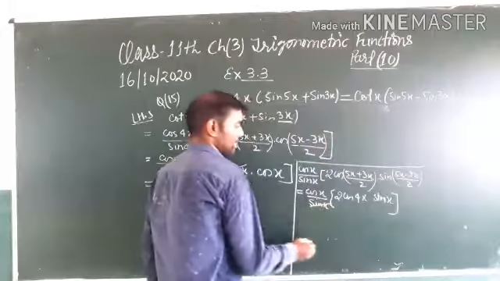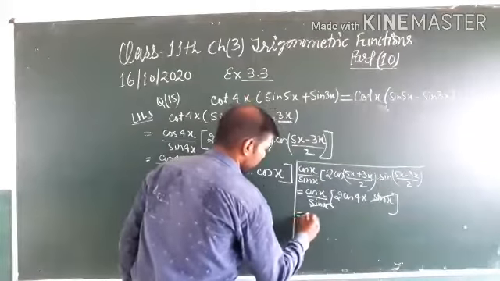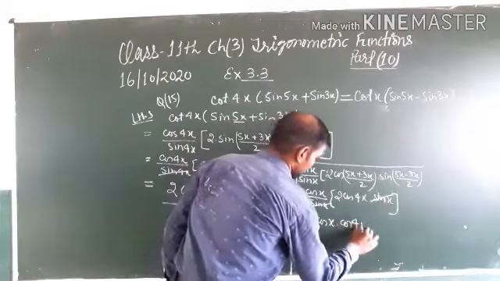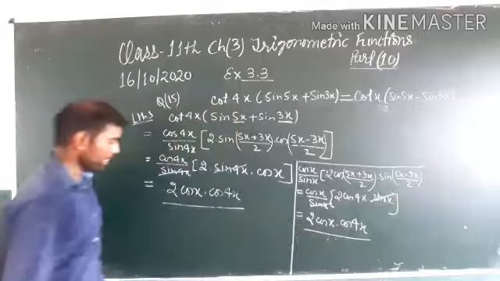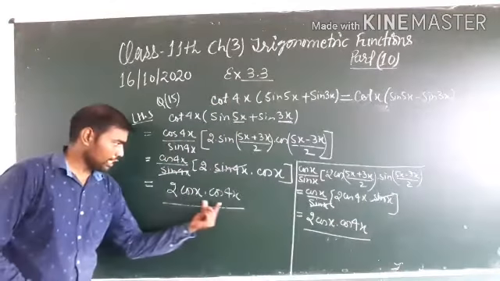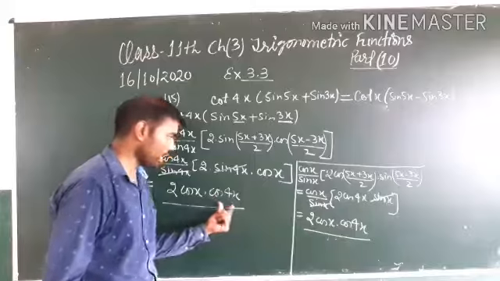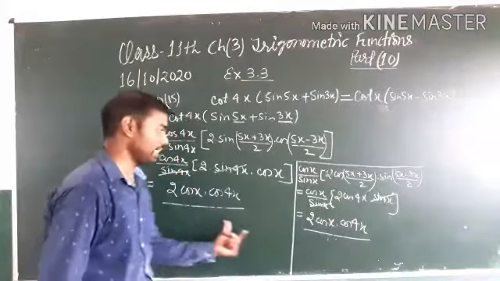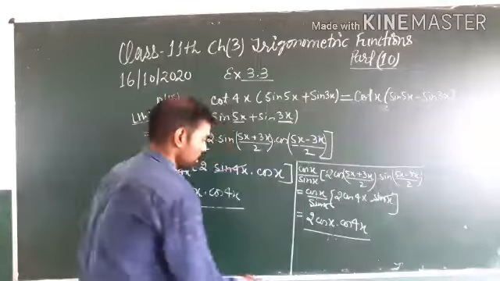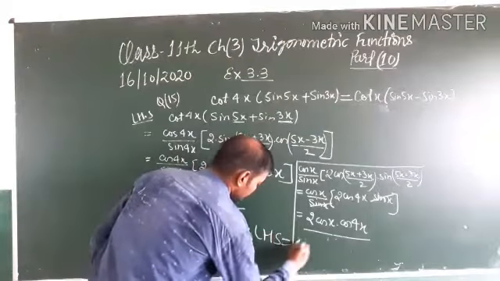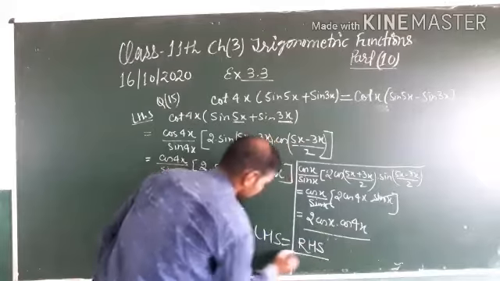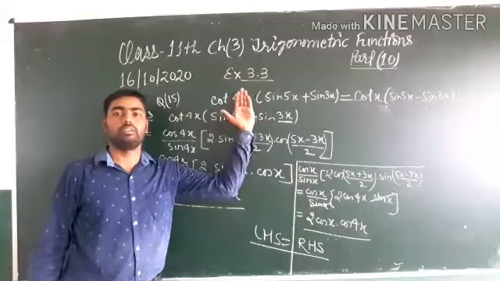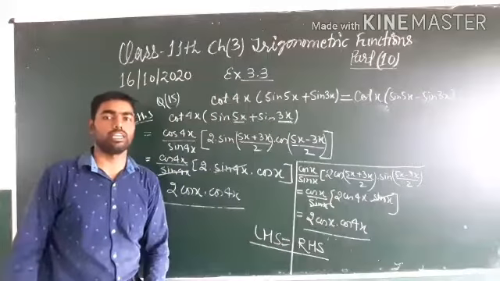Now this sin x and this sin x cancel out. So we get 2 cos x into cos 4x. So we can see 2 cos x into cos 4x here and 2 cos x into cos 4x there. So the left hand side is equal to the right hand side. This is the complete solution of question number 15 of exercise 3.3. To proceed further, please pause the video and note it down.